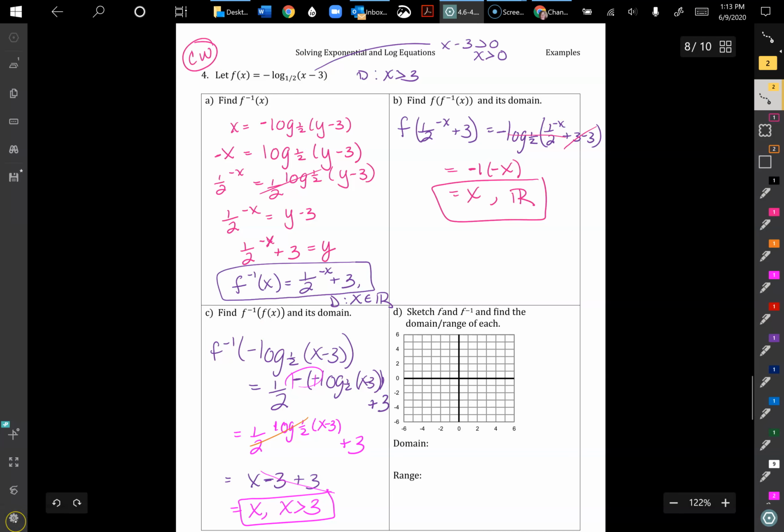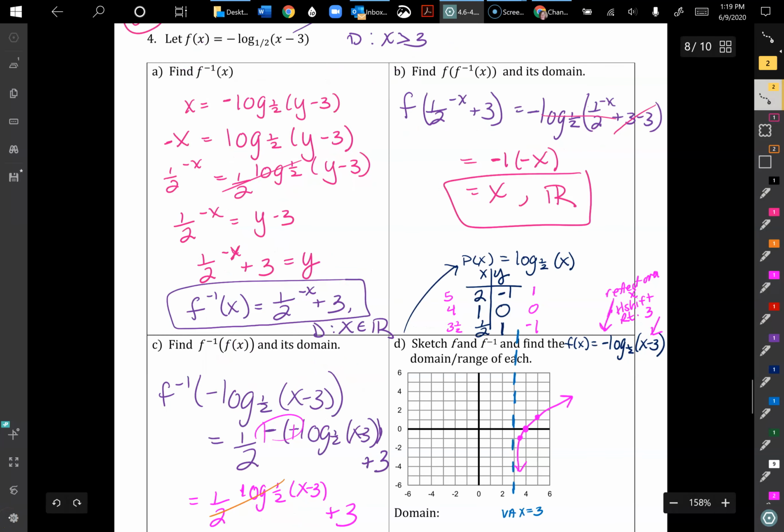Okay, so then now I'm going to write up the graph. So far on the graph, I figured out what my parent function would just be, log base half of x. So I wrote out the key points for that. Remember, you're going to have 1 over b, negative 1. You're going to have 1, 0, and you're going to have b, 1.